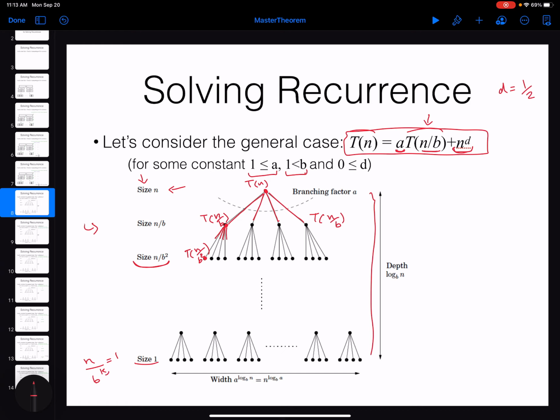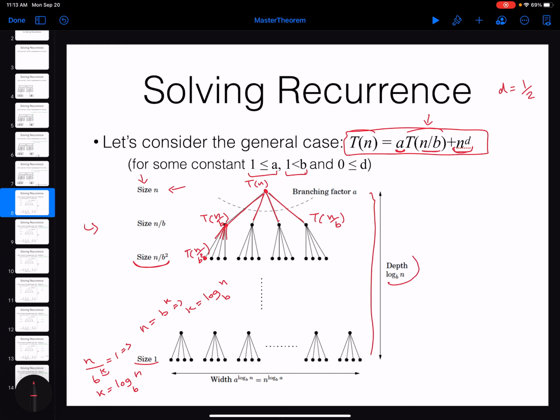What is k? k is the depth of the tree, how many levels you are going down. k will be equal to log of n in base b, because you can simplify this: n will be equal to b to the power of k, and if you take the log from both sides, you reach k equal to the log of n in base b.